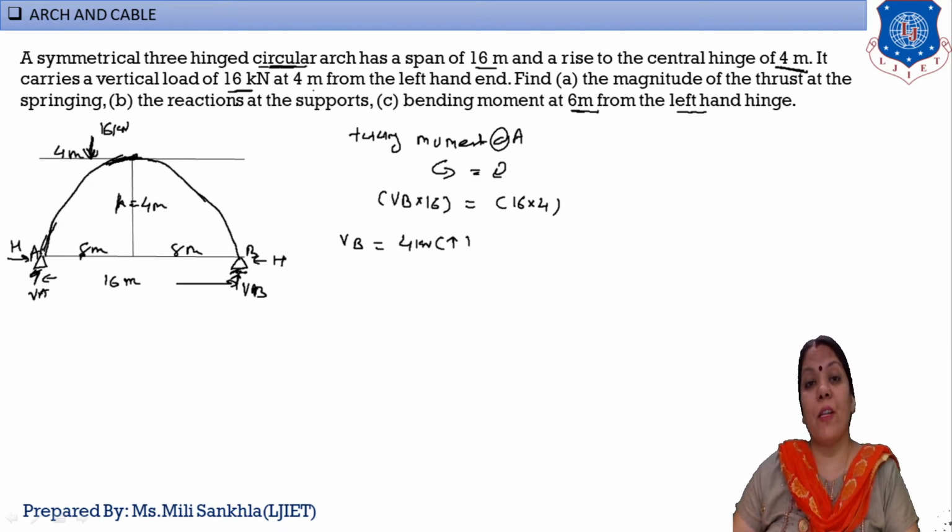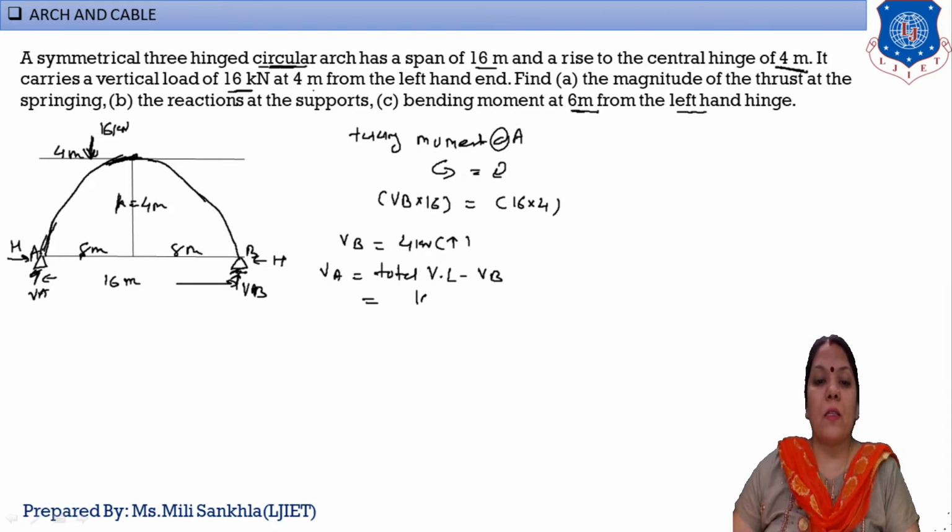Now next we find out VA. VA is equal to total vertical load minus VB. Now what is the total vertical load? 16. So 16 minus 4, and VA is equal to 12 kilonewton in the up direction.